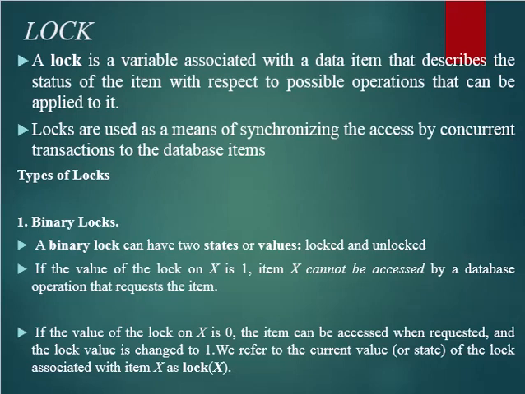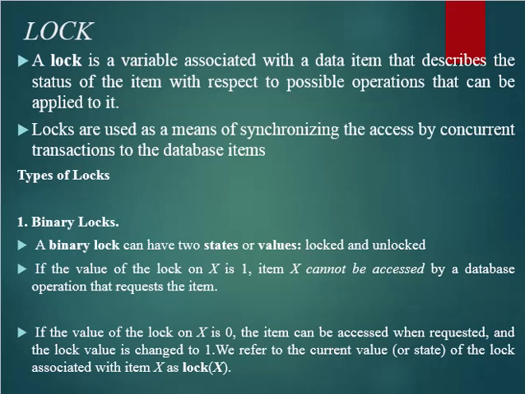Locks are used as a means of synchronizing the access by concurrent transactions to the database item. When more than one transaction is executing in a database at the same time, we need to use this type of lock to make things manageable. Next, the different types of locks. The first is the binary lock.